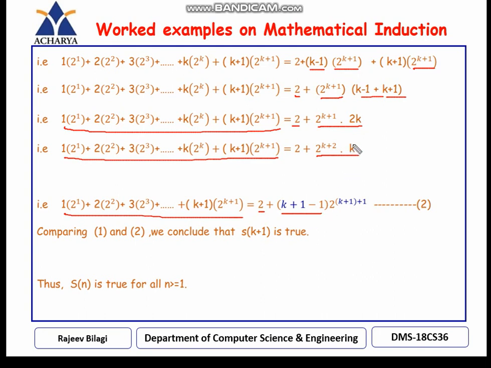If you look at this k, I can write it as k plus 1 minus 1. And for this part, 2 to the power of k plus 2, I can write it as k plus 1 plus 1. So comparing equation 1 and 2, I can say that S of k plus 1 is true. Hence S of n is true for all n greater than or equal to 1.